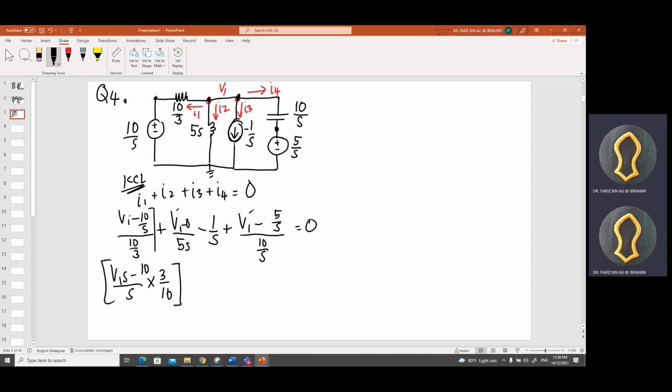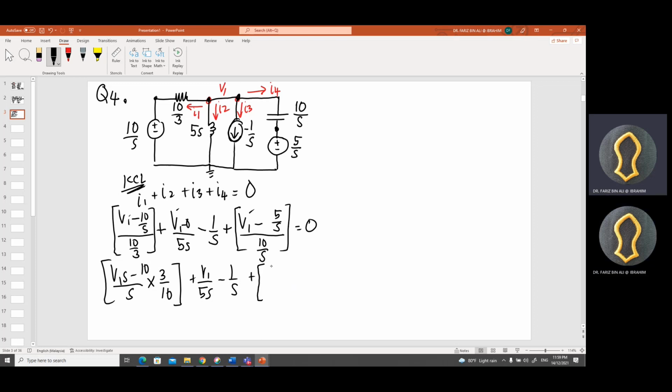This is actually the first part here. Okay, and then plus V1 over 5S minus 1 over S plus, okay, now this part here.